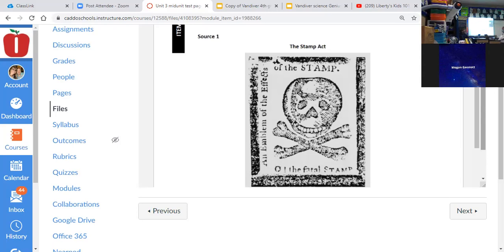Thank you, Mr. Roach. Number 2, still using source 1. What was the most likely reason the British Empire levied taxes onto the American colonies? Select 2 that apply, just like we've done before. If you don't select both of them correctly, then the whole answer is wrong.